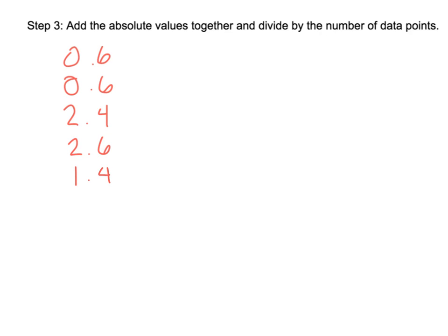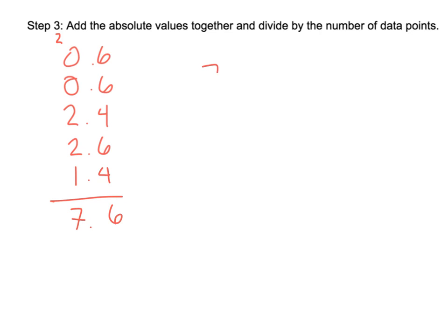So when we add all of these together, what we should get is, let's see, there's going to be a 6 here because that comes out to 26. I'll carry that 2. 2, 2, 2, and 1 is 7. So I have 7.6 as the sum of all my absolute values.